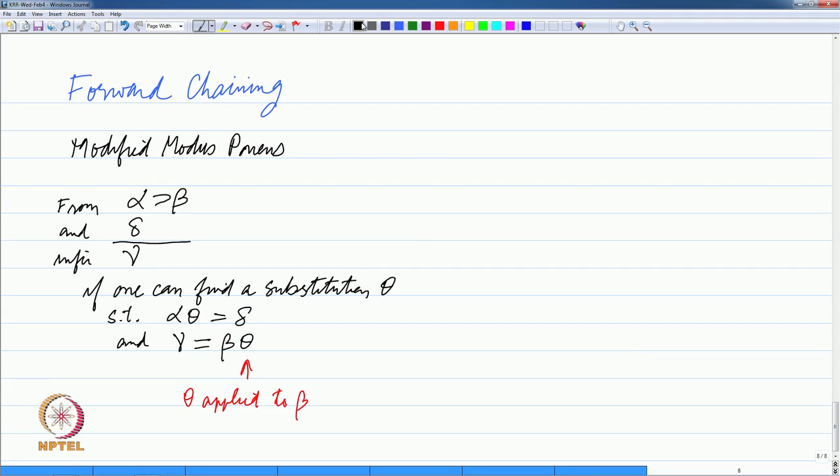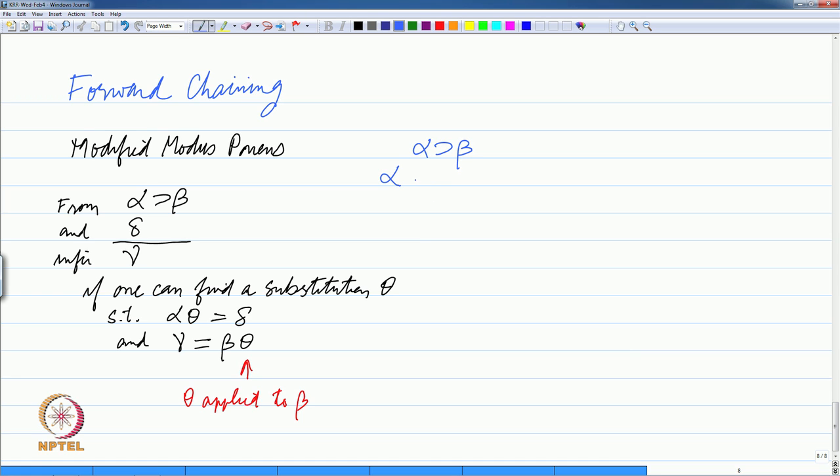Why is it called chaining? Because let us say you are given a fact alpha and you have a rule which, let us say, is in the same form, alpha implies beta.